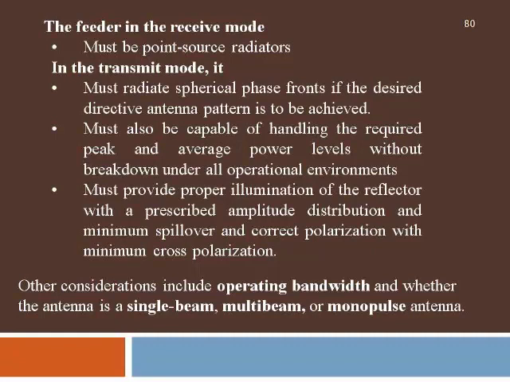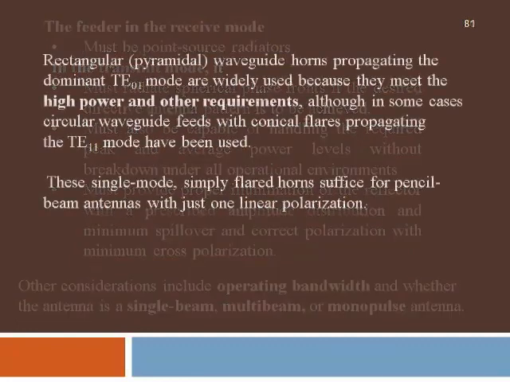It must provide proper illumination of the reflector with a prescribed amplitude distribution and minimum spillover, and correct polarization with minimum cross polarization. Other considerations include operating bandwidth and whether the antenna is single beam, multi-beam or monopulse type.